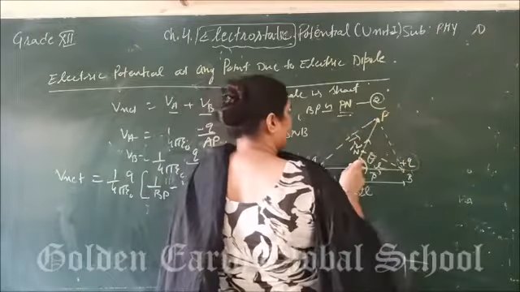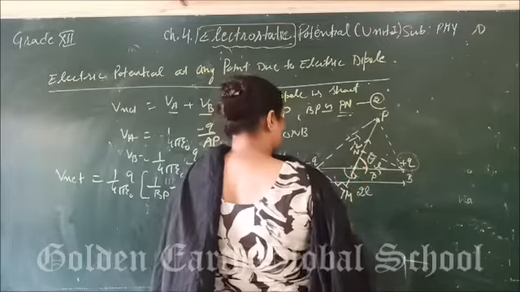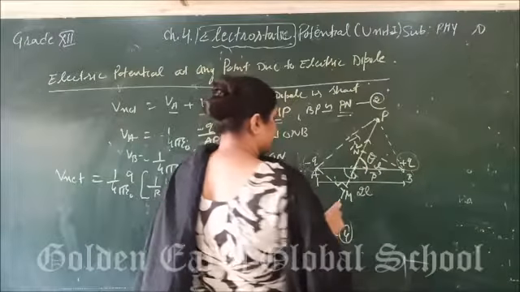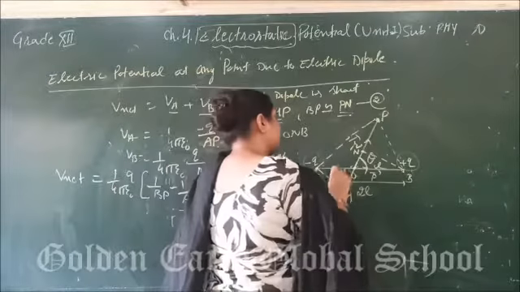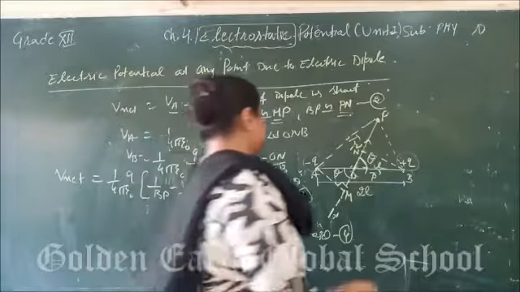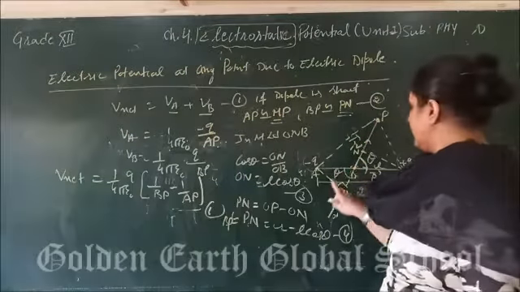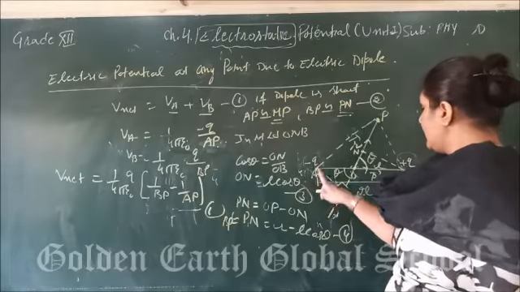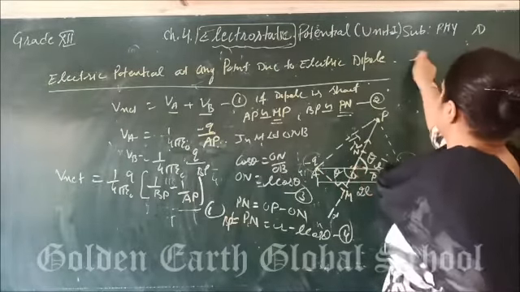If angle POB is theta, then let us suppose the extended point is P dash. Angle AOP dash will also be theta, vertical opposite angles. This is the angle theta. So from here, you will apply the same procedure and calculate the trigonometric ratio cos theta in the right angle triangle AMO.